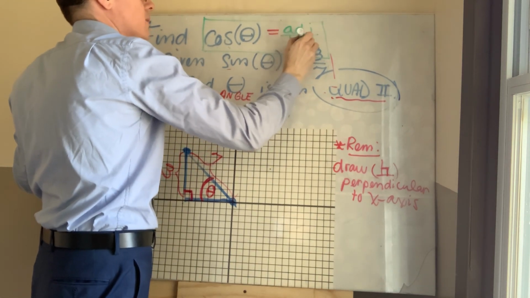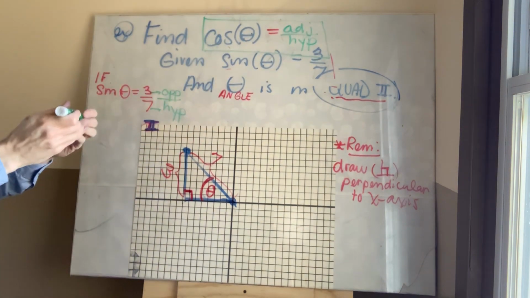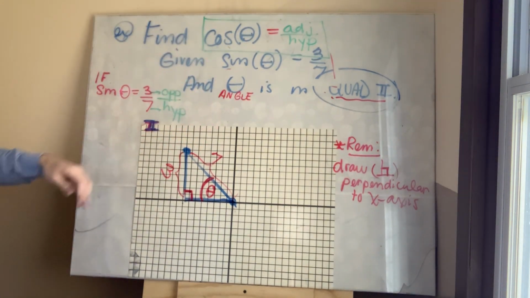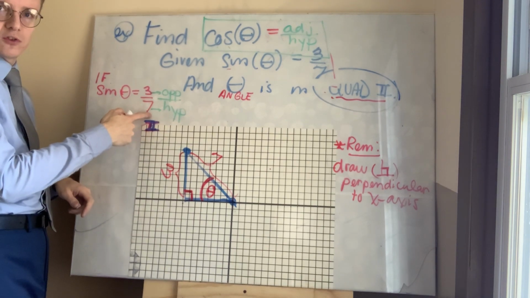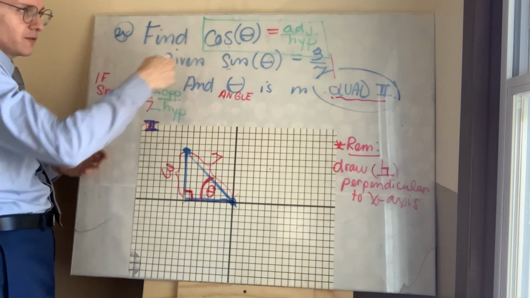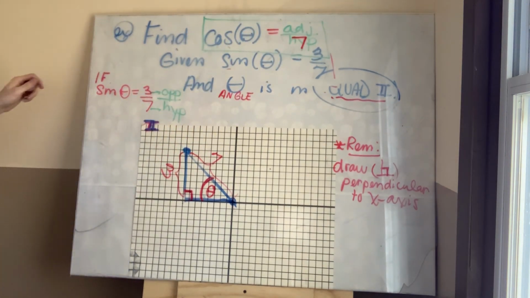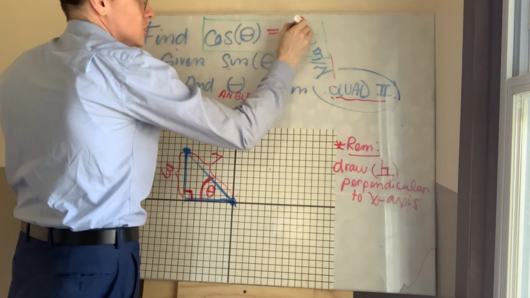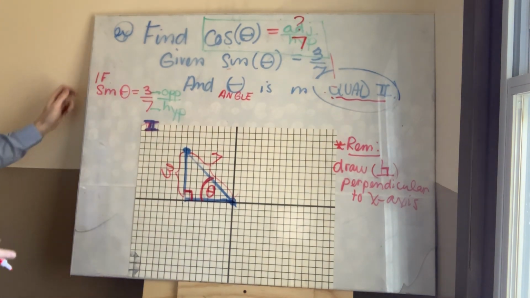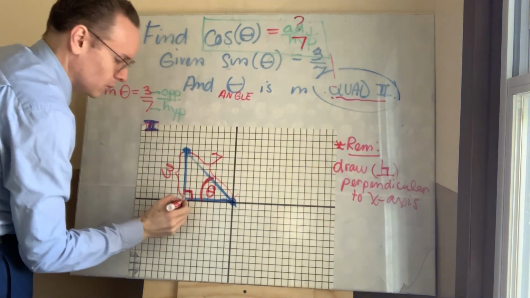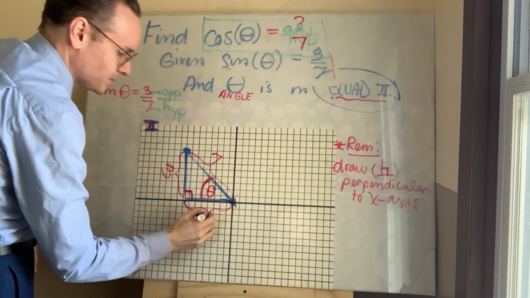Adjacent over hypotenuse. So if I need to, I can borrow whatever information I have. The cosine and sine functions have the same hypotenuse. So I'll have a 7 here. But I would need to calculate what the adjacent dimension is.